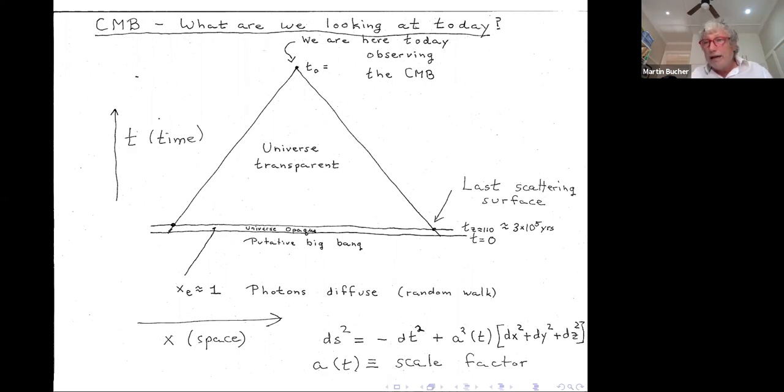So they come to us almost without free scattering, whereas when the universe is ionized, they just have this random walk, and it's sort of like this fog if you're looking back in time. So we just see the sort of edge of the fog, and that's the microwave background.